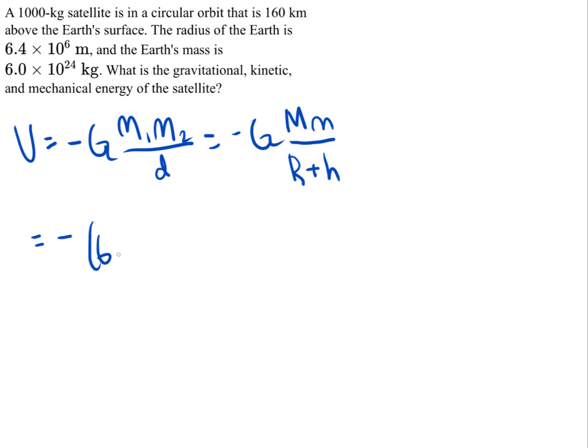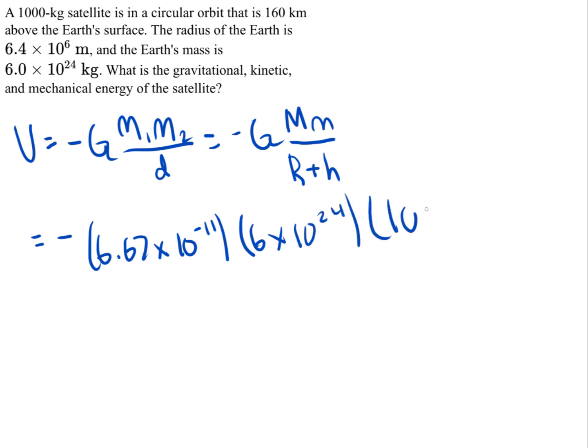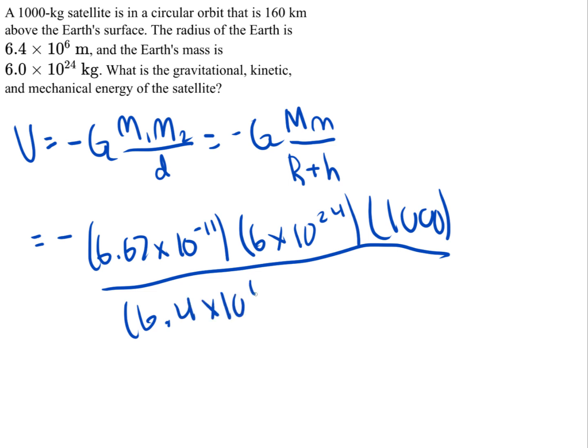G is 6.67 times 10 to the negative 11th power times the Earth mass of 6 times 10 to the 24 kilograms times the satellite mass of 1,000 kilograms divided by the radius of the Earth, 6.4 times 10 to the 6 meters, plus the height, which is 160 kilometers.